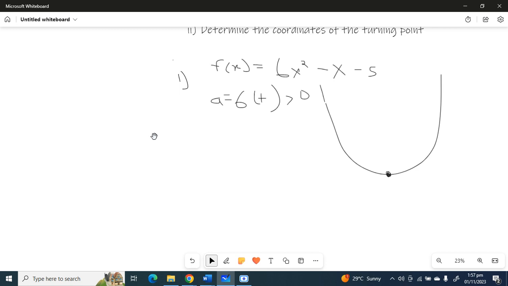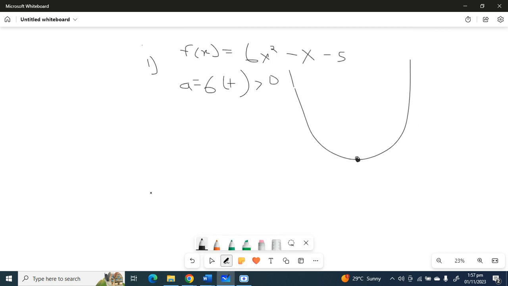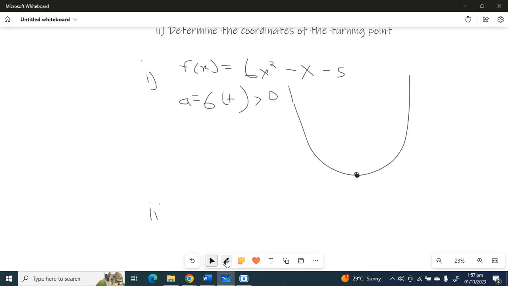So we can start with the x coordinate, right? So in this function, a equals 6, b is -1, and c is -5. To get the x coordinate of the turning point, it's x equals -b over 2a.